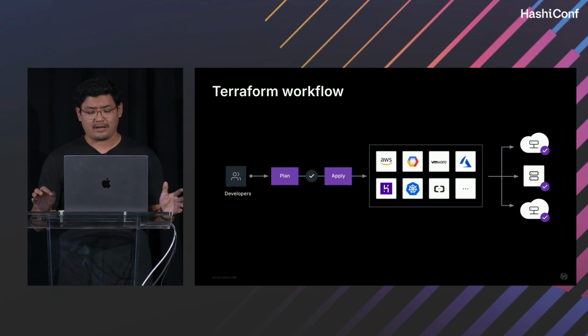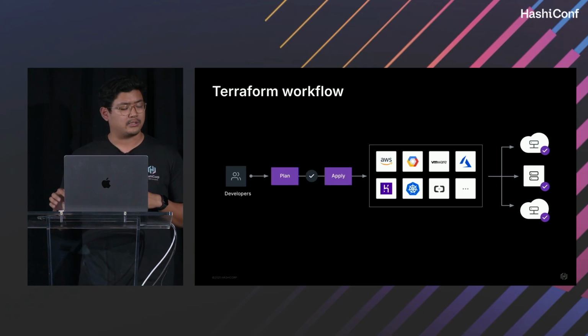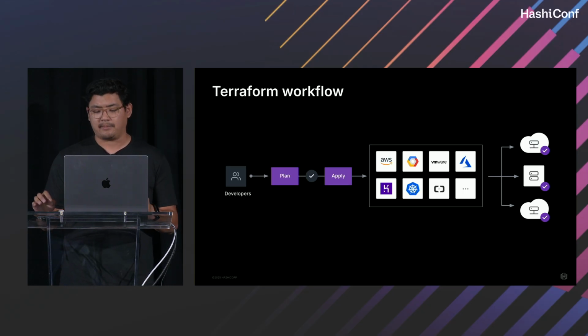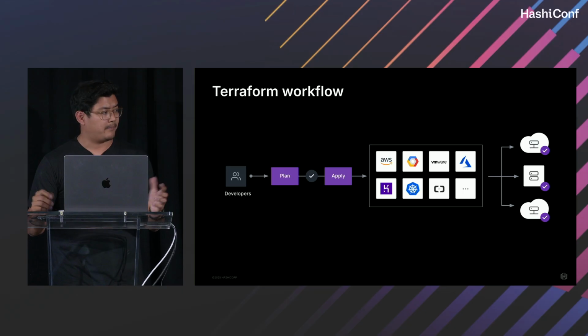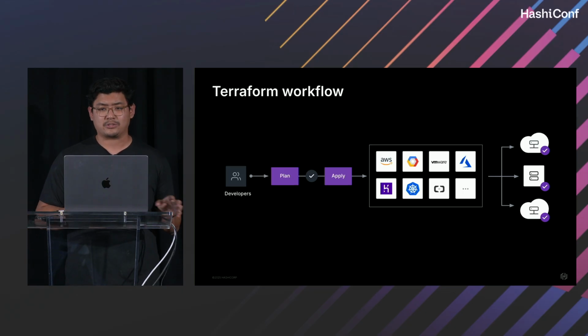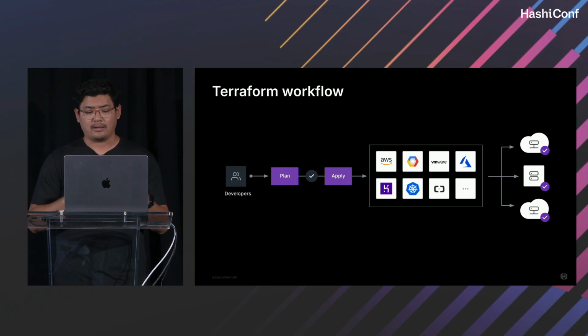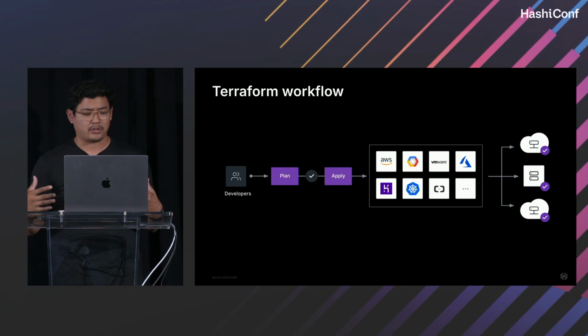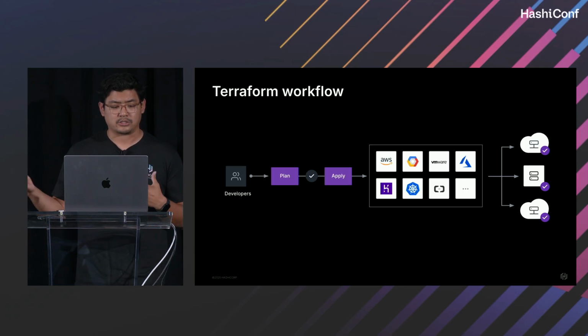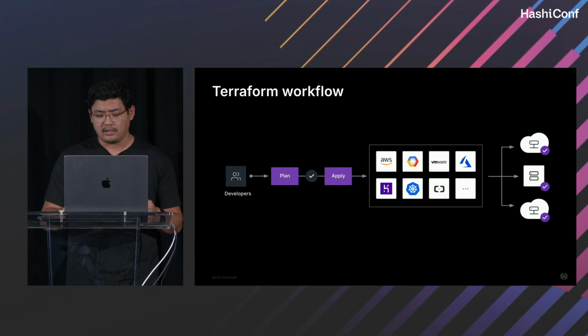Once everything is good and you're happy with the changes, you run Terraform apply to provision and manage your infrastructure. Then after that, you may delete your resources, you may update them, but this is the general high-level overview of how to manage your infrastructure with Terraform itself.